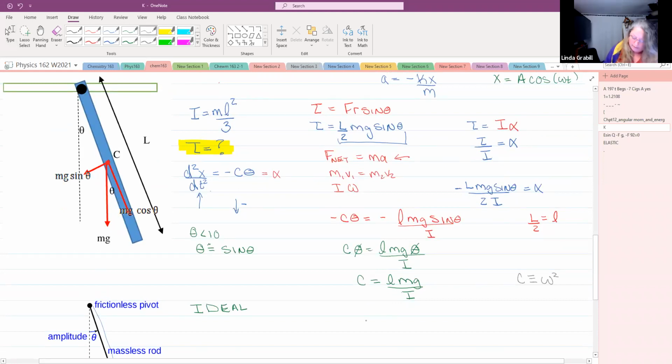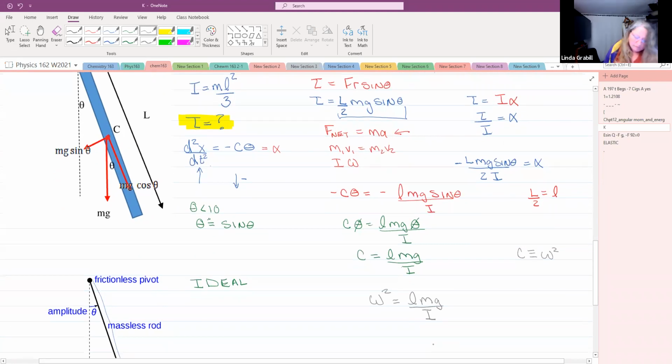Nobody's panicking here? Okay. So this omega squared equals L, where L is the center of mass of the system, times mg, divided by I. Cool. Now, I've defined I as ml squared over 3, that's just the inertia for a bar.